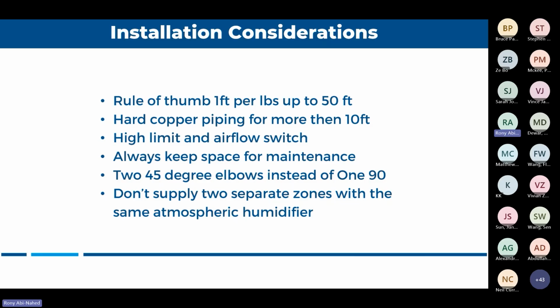And also I get this question: how do you control your humidification? Ideally, you control it with the return duct. So you have a return duct sensor that's reading your humidity and then telling the unit how to work. Mostly, if you are more than 5% away from your set point, so let's say your set point in the room is 40%, your return is at 32, then the unit will go full blast, 100% capacity until you reach the 40%, and then it will modulate down between 40 and 35.